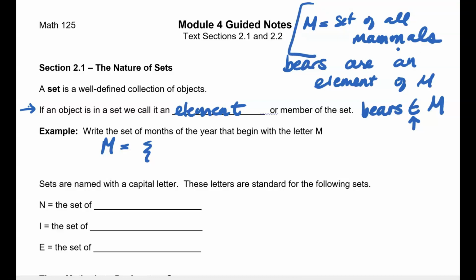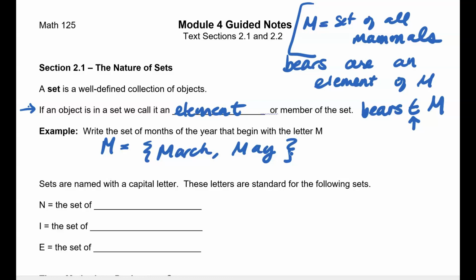Here, I'm not actually going to describe it. What I'm going to do is use brackets, and I'm going to list out the elements in that set. So the months of the year that begin with the letter M are March and May. So this set has two elements, March and May, and I can put them in any order. And then I use a comma to separate the different elements within that set.